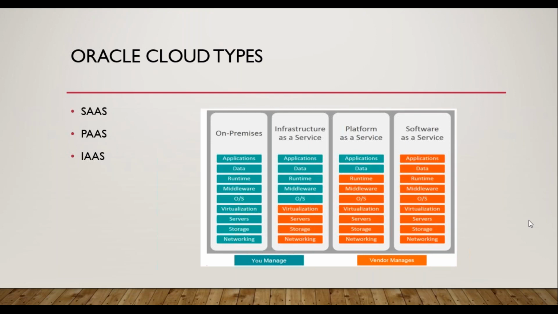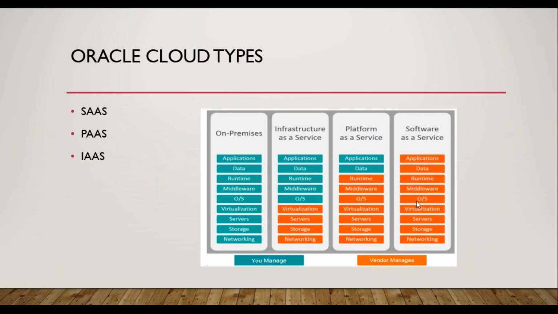Okay. So in software as a service, we'll go from here to here. In software as a service, it is maintained by the vendor. I have listed out what you manage and what the vendor manages in these colors, to understand easily. In SaaS, everything is maintained by the vendor itself.